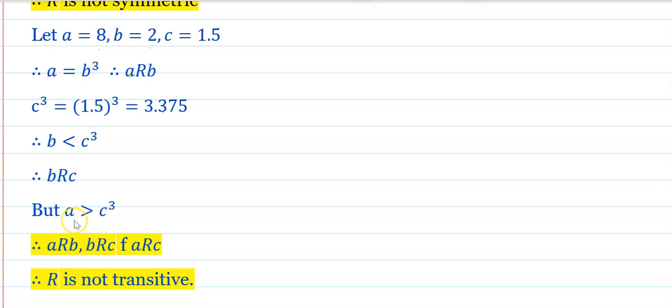But what about A? A is 8, and 8 is greater than C cube, the value of which is 3.375. A is greater than C cube, and hence R is not transitive. If A R B is possible and B R C is possible, but A R C is not possible.